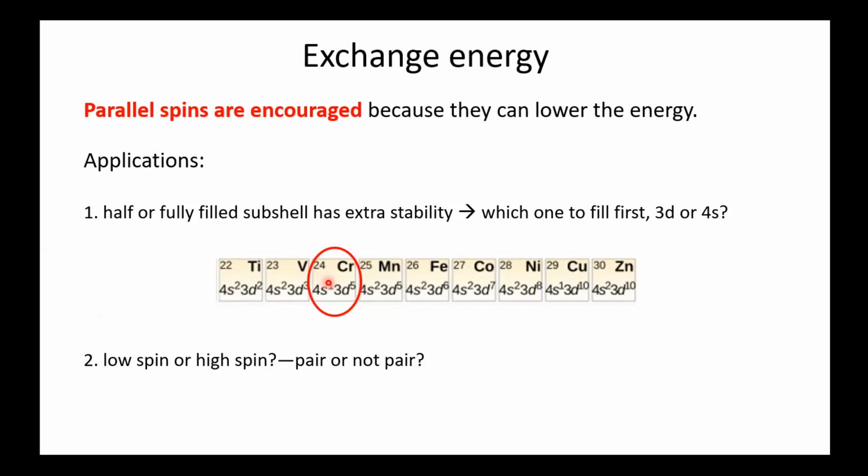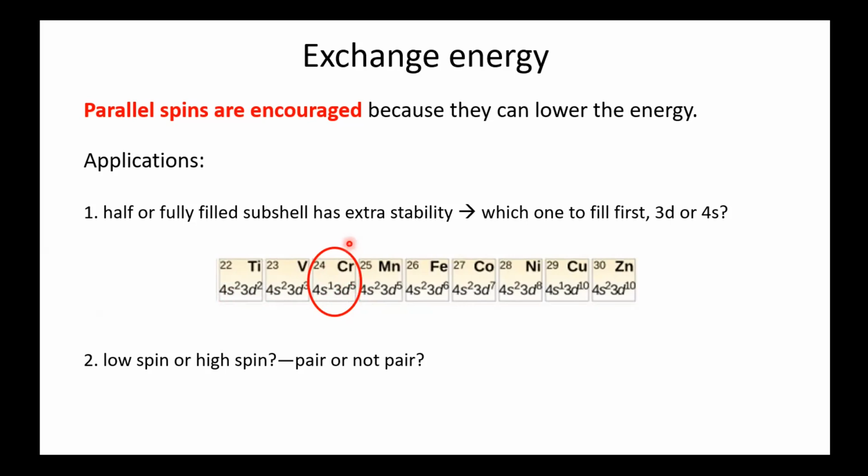But when it comes to chromium, we do not fill the 4s first. We do not actually have a full filling of the 4s. Instead, we have a half filling of the 3d using 5 electrons, because this configuration brings an extra stabilization energy for the whole system. And this is the configuration it adopts.